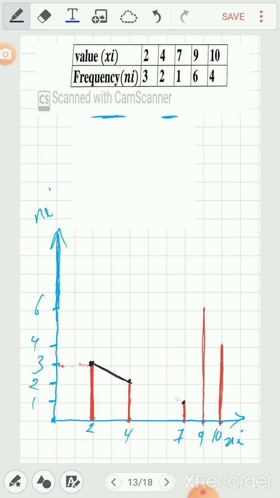Straight line. Another straight line. This is another straight line. The black one is called the polygon of this distribution, or the polygon of this data set.